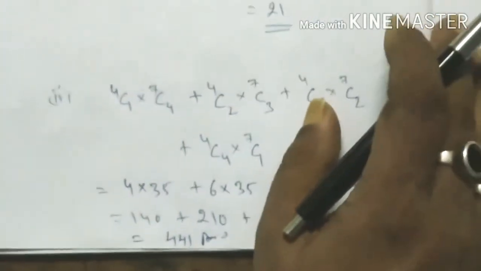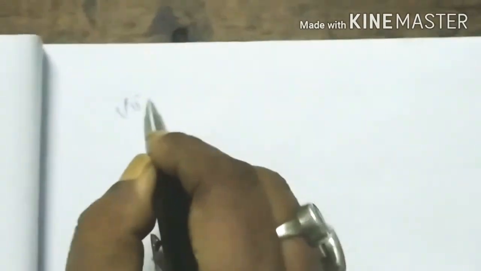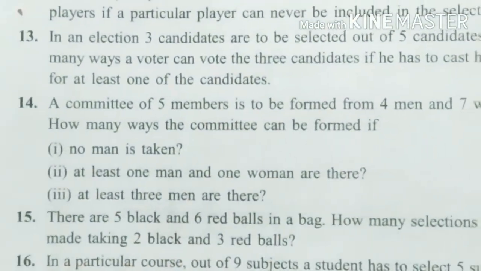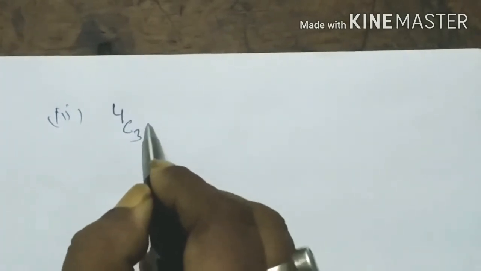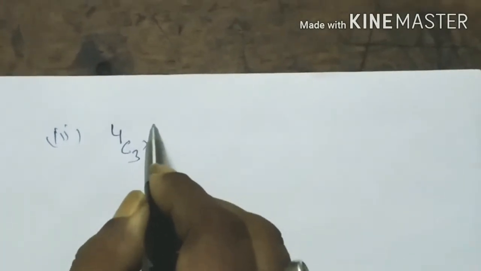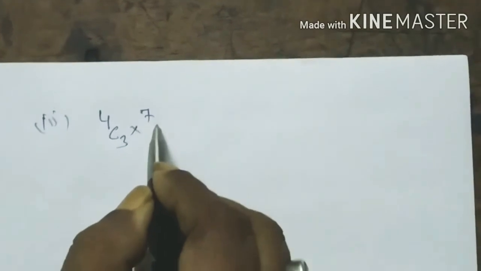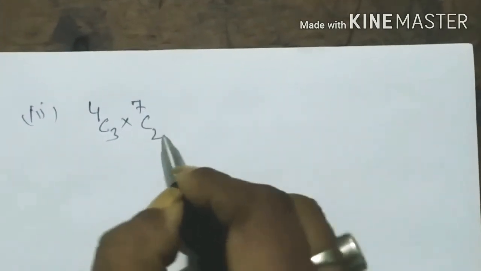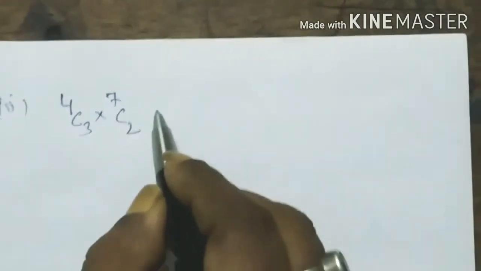Now I am going to the third part of this question. The third part of this question, at least 3 men are there. At least 3 men are there, means 3 and above. Then from 4 men, I am going to select 3 men, and from the rest, from 7 women, I am going to select 2 women. 3 plus 2, 5.